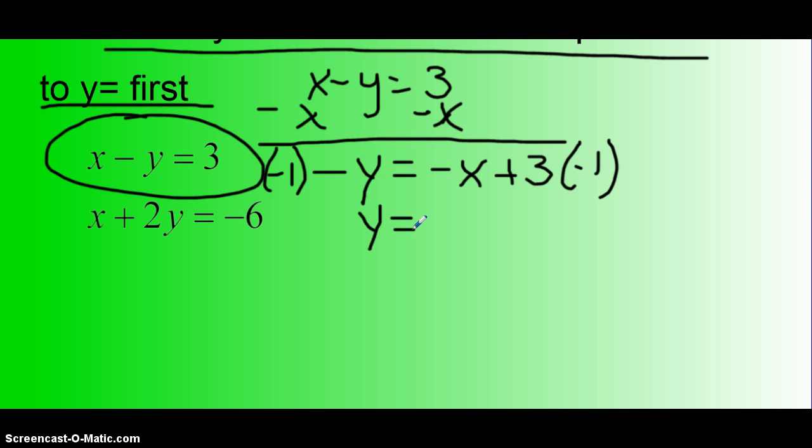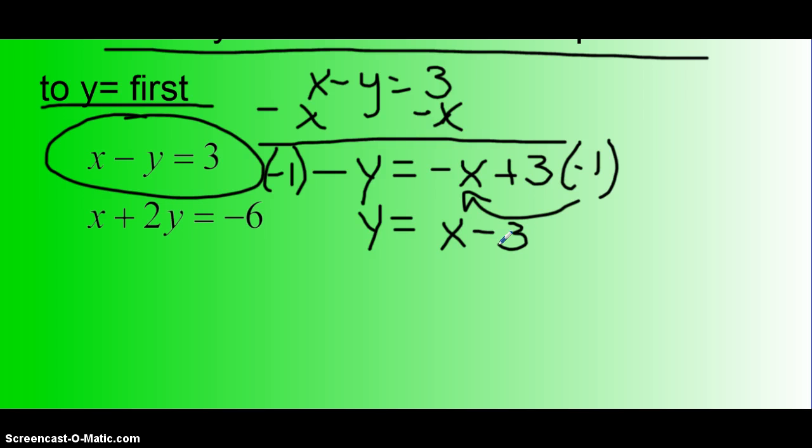So when I do this, negative 1 times negative x is just x, and then negative 1 times a positive 3 gives me a negative 3. So I have now ended up with this equation, y is equal to x minus 3.